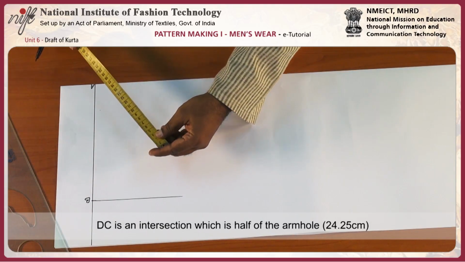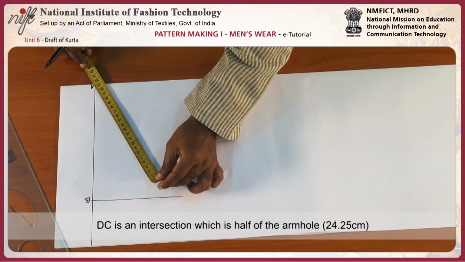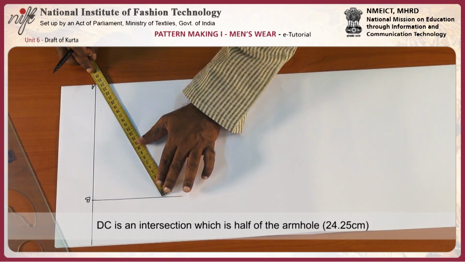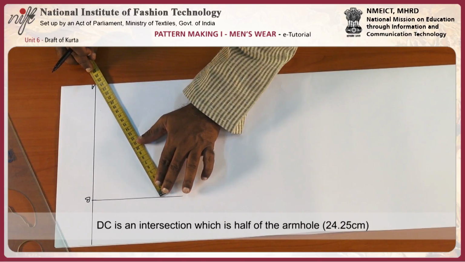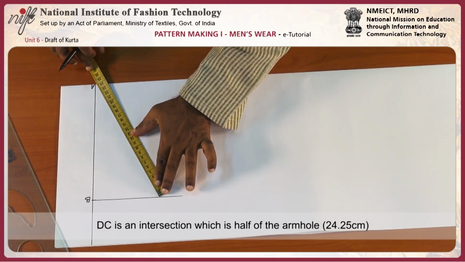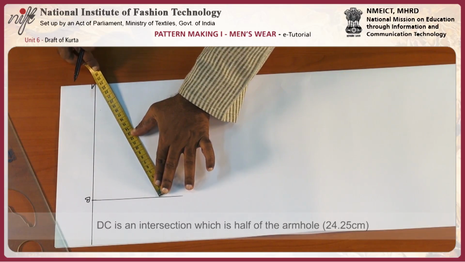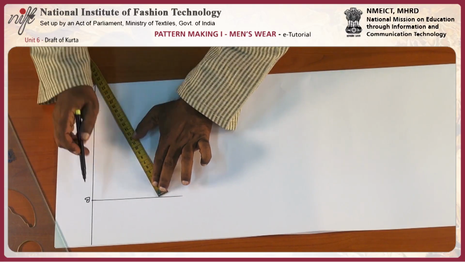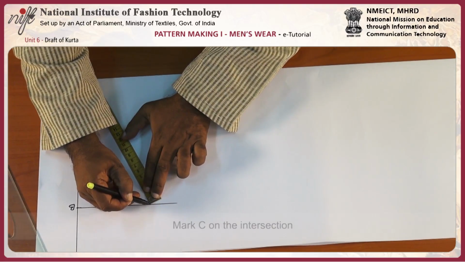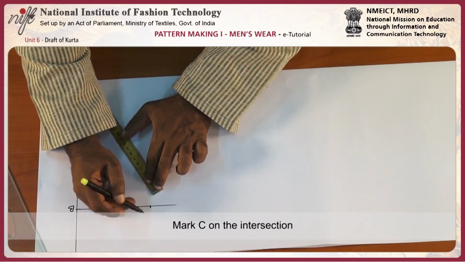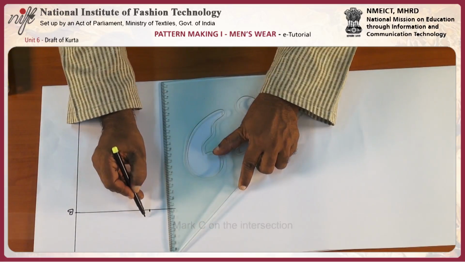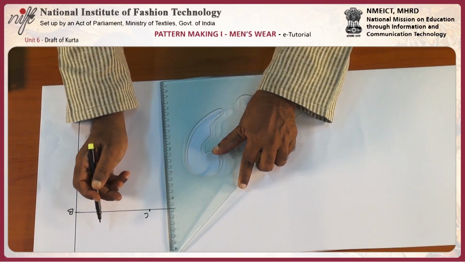Armhole is 48.5, so half of the armhole will be 24.25. So, I am placing 24.25 on point A and taking intersection on line B. So, mark point C on the intersection. This will be point C.